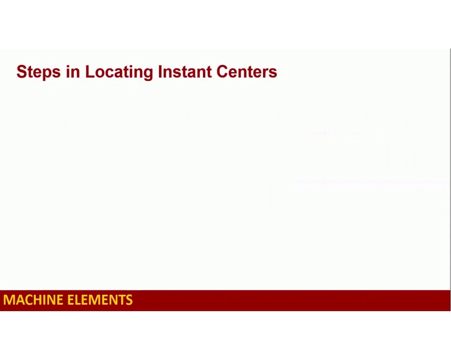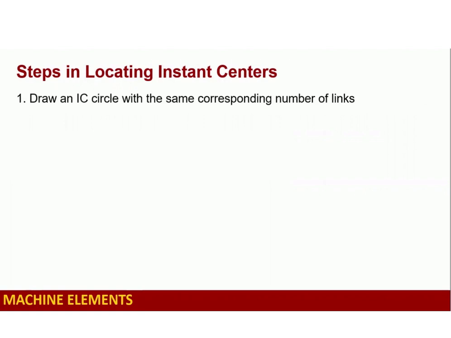To illustrate how to use these 2 methods, the inspection and the Kennedy's rule, you may follow these steps. The first one is to draw an IC circle with the same corresponding number of links.